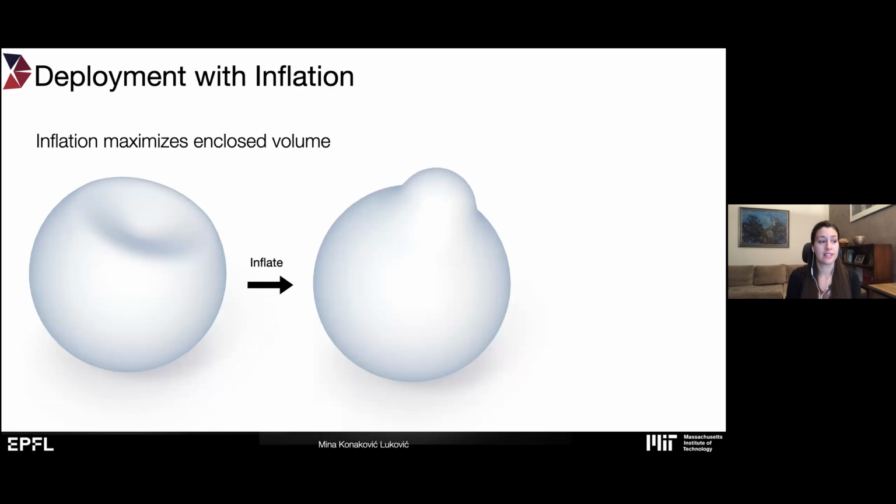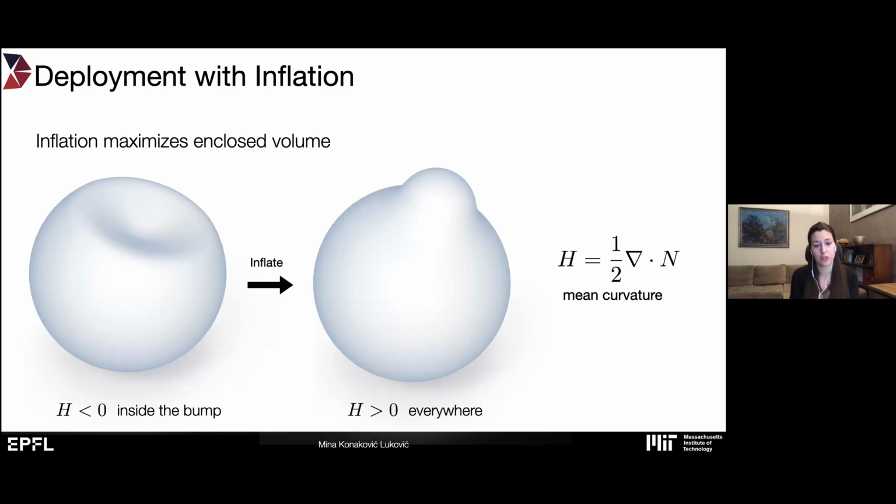The way we characterize this in geometry is, if we define the mean curvature to be positive when normals are pointing outwards, so the mean curvature is positive in the case on the right and negative in this region on the left, we say that we can only actually make surfaces with inflation that have positive mean curvature everywhere.